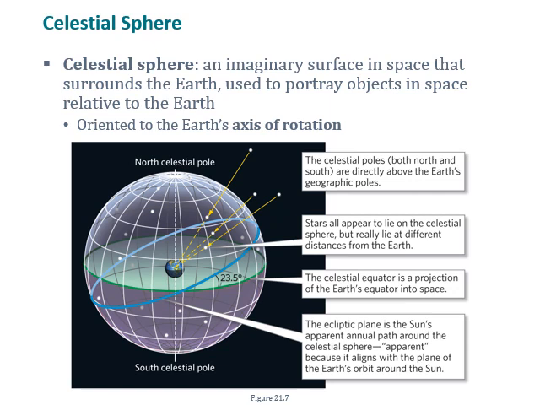The ecliptic plane is the Sun's apparent annual path around the celestial sphere. This is apparent because it aligns with the plane of Earth's orbit around the Sun. So the celestial sphere helps us project where the stars and other celestial materials are relative to Earth.